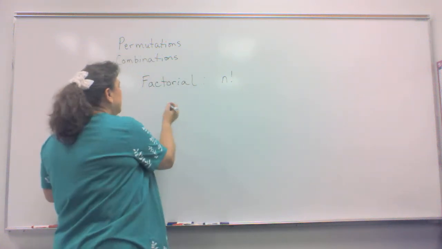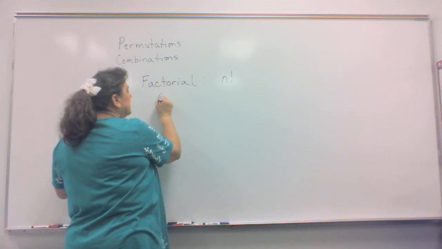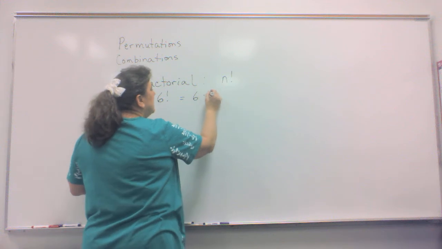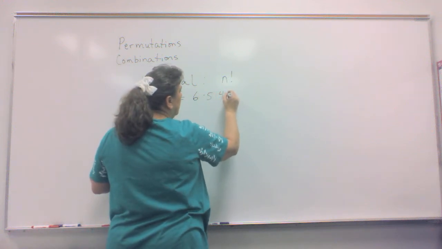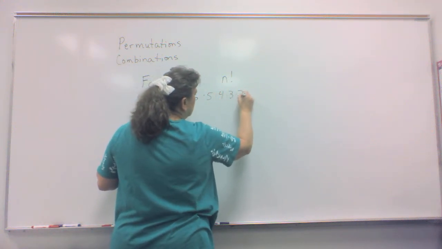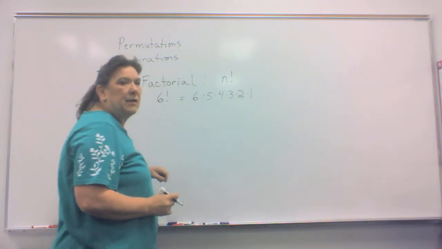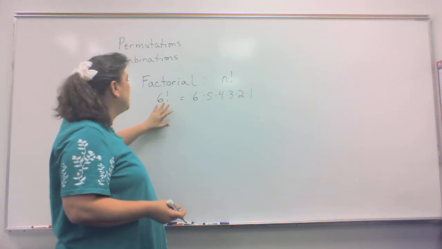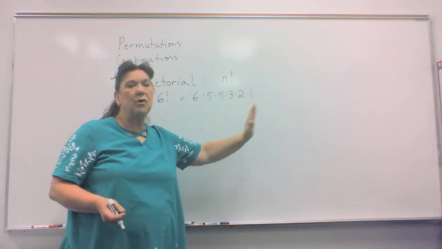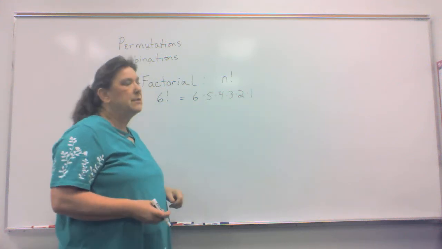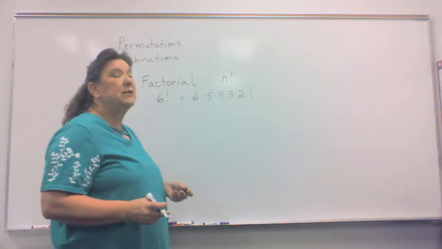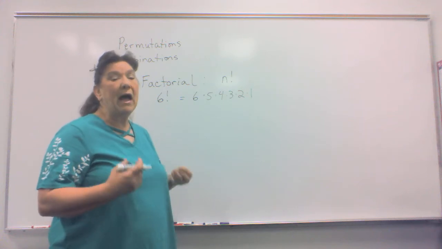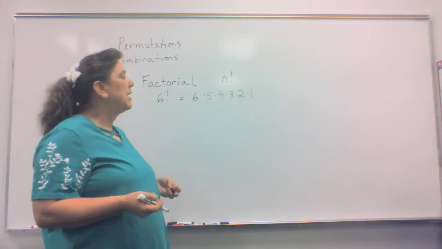If we had a number like 6 factorial, this means 6 times 5 times 4 times 3 times 2 times 1. That is what factorial means: you start with the number that you're at and decrease all the way to 1. Factorial can be done on a calculator, but for now I would like you to do them without the calculator, and I'll show you why in a bit.